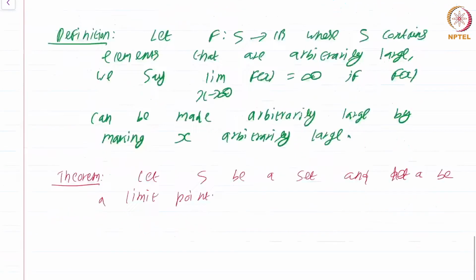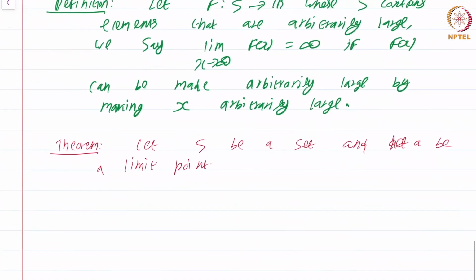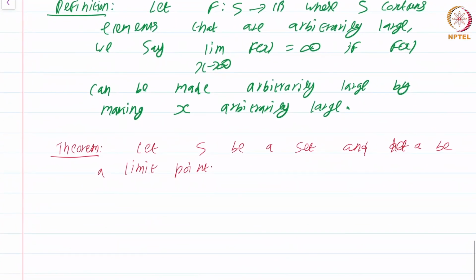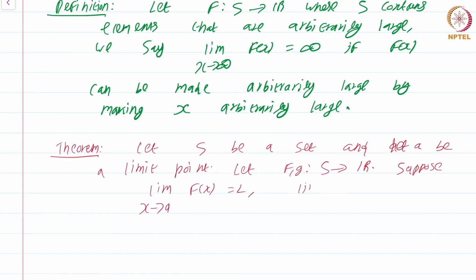Let f, g from S to R. Suppose limit x going to a of f of x equals L, and limit x going to a of g of x is equal to infinity.